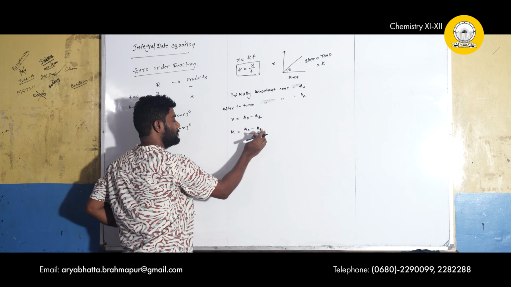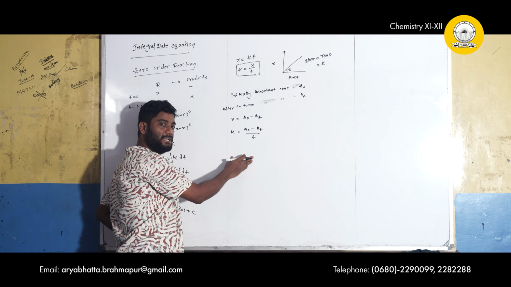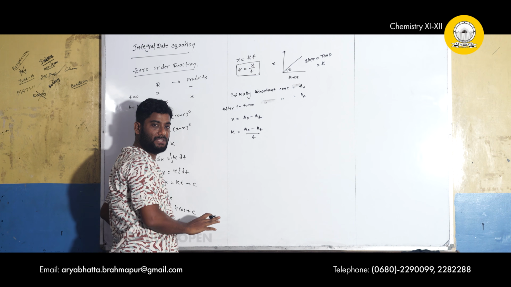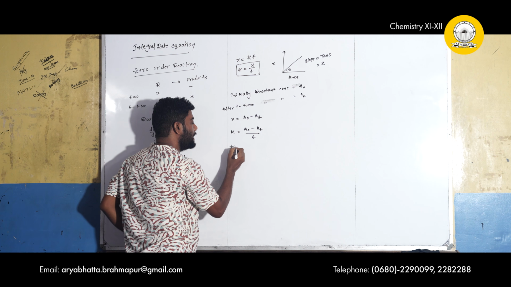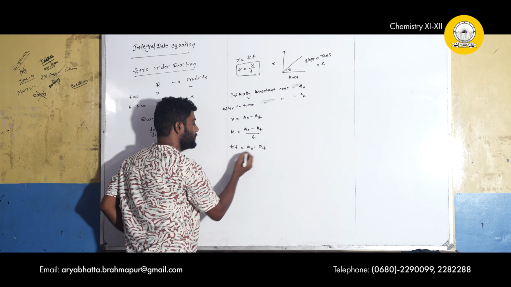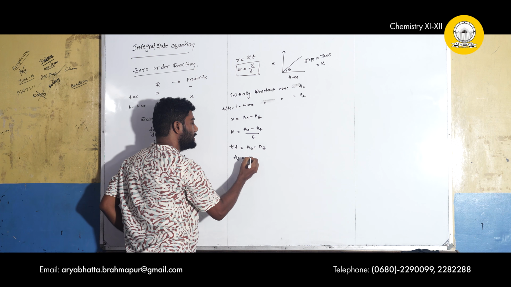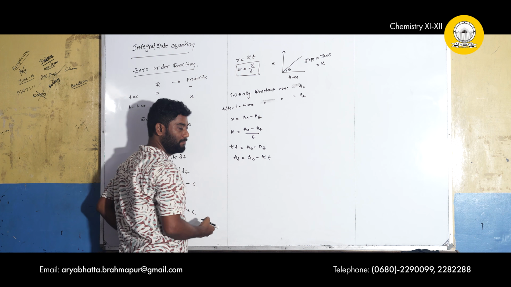So I want the graph of a t versus t, the concentration at time t. You can convert it: kt is equal to a naught minus a t, so a t is equal to a naught minus kt.